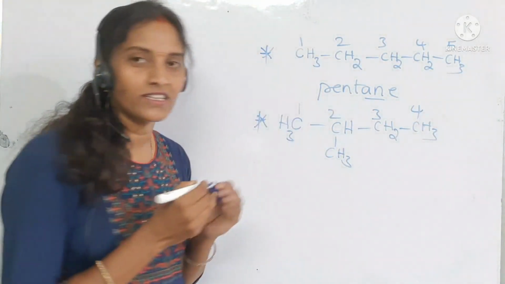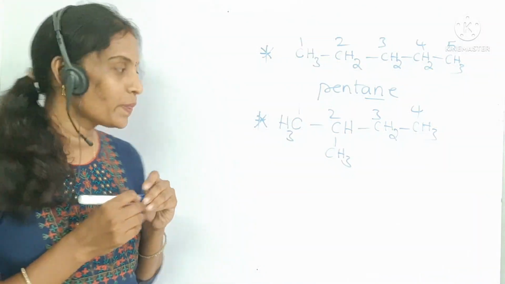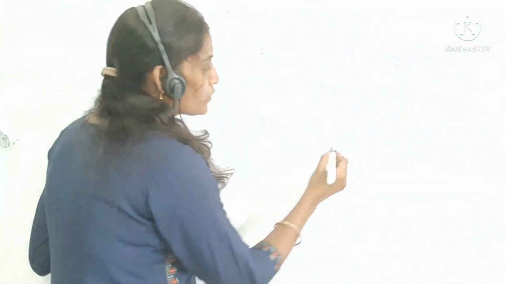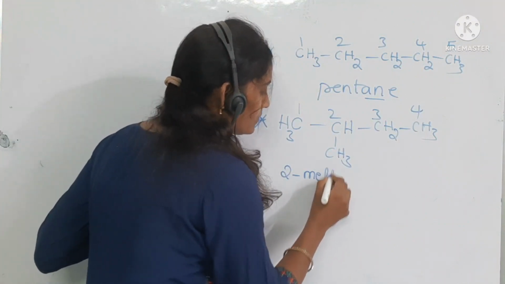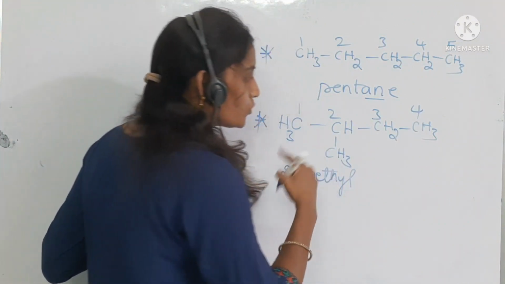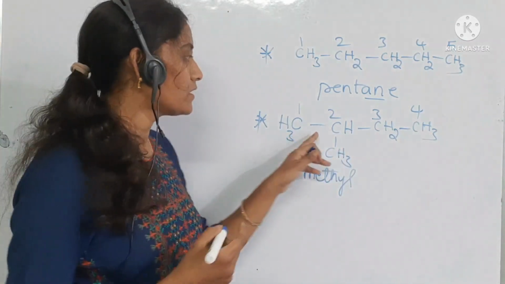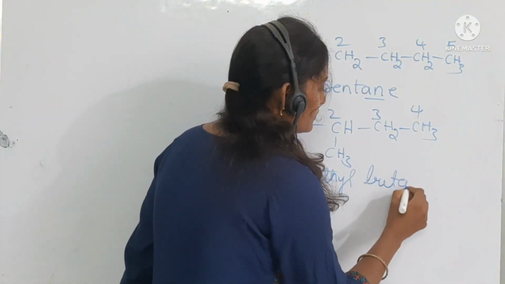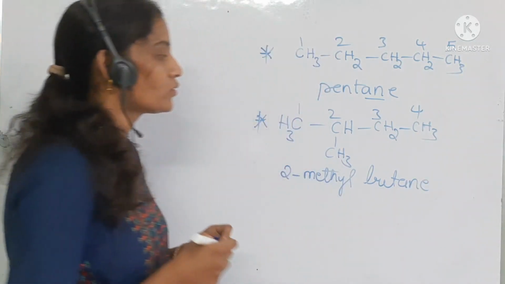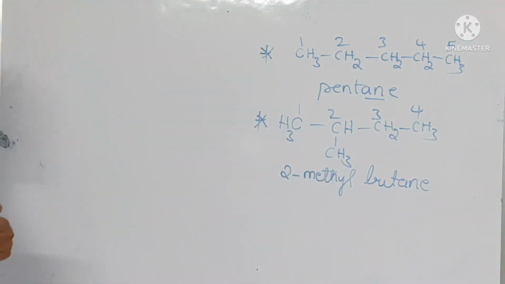Less preferred one is nothing but the lowest number here. Okay. So at the second position, one methyl group is there. So 2-methyl. How many carbons are here? 4 carbons. Butane. All are single bonds, so I am writing it as butane.